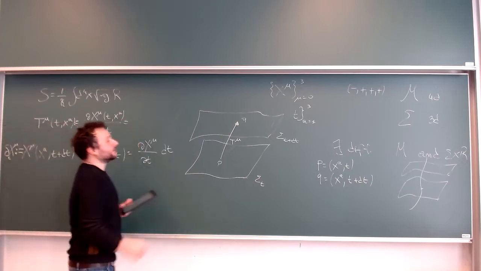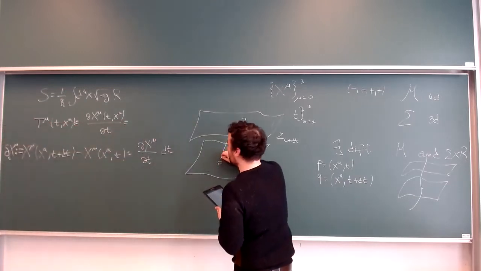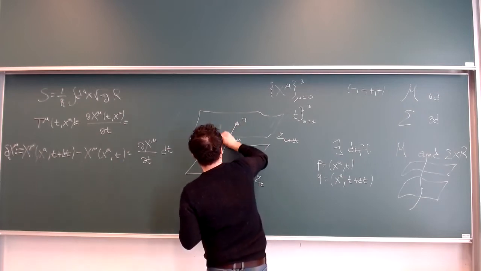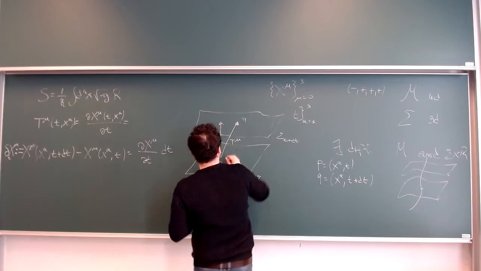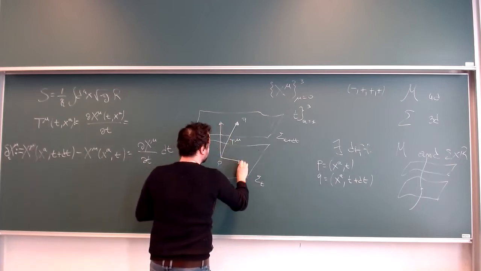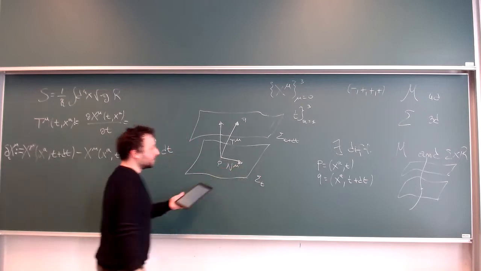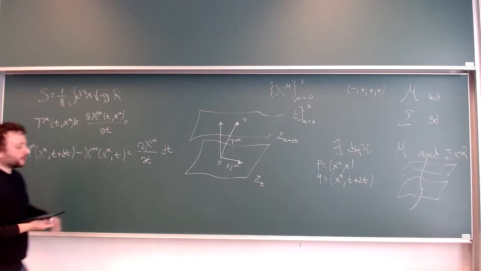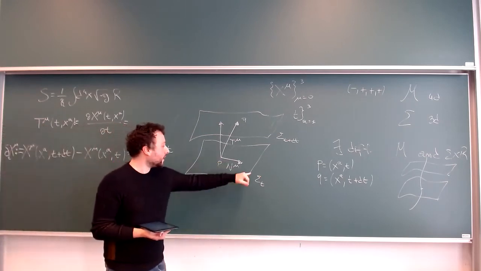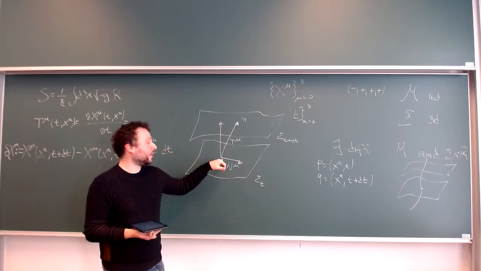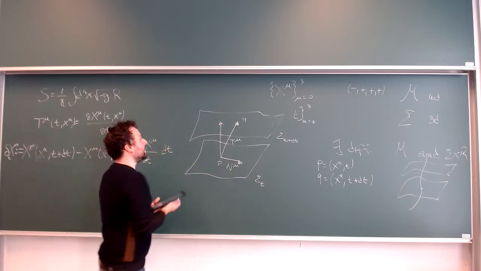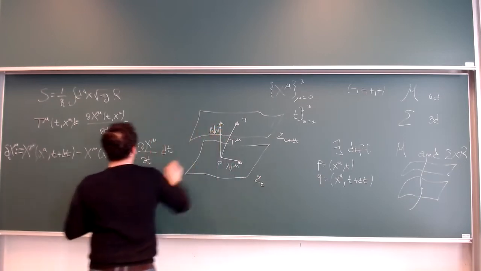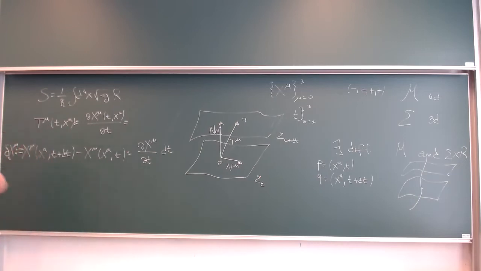And this we can, of course, decompose into 2 parts, this and this. We call N^mu the shift vector, which is tangent to this hypersurface at the point P. And instead this one here we call n^mu, and this capital N is called the lapse function.